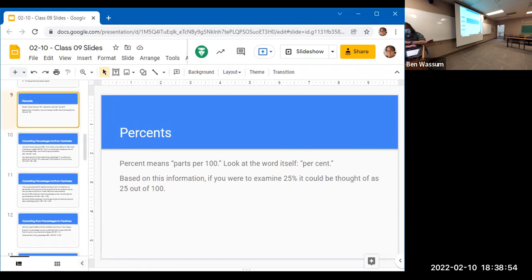But we're going to have some decent applications of them in here. So percent means parts per 100. Kind of like when we're doing the whole centimeters and centigrams and everything. Look at the word itself, percent, that means per 100. So based on this information, if you were to examine 25%, it could be thought of as 25 out of 100. Think of it as kind of like a fraction.